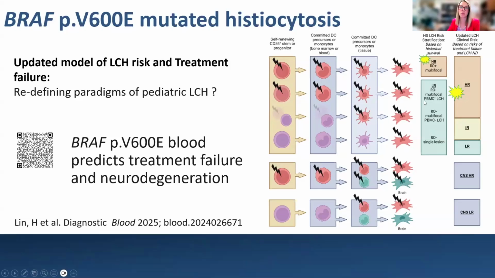And maybe by looking in the blood and bone marrow of these children and seeing that there is BRAF positivity, we'll be able to refine and redefine what is high-risk LCH in the future.